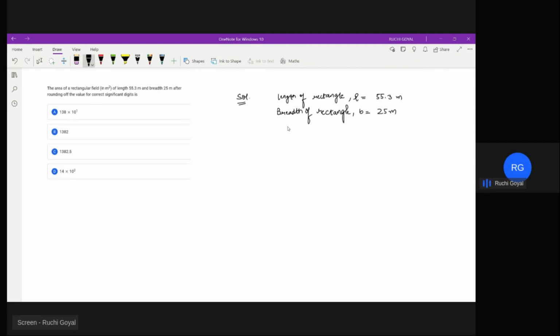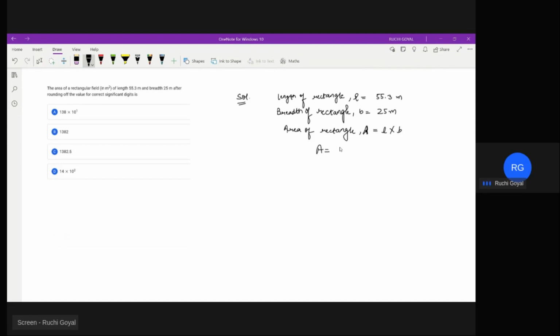What you have to calculate is the area of the rectangle. Area of rectangle A is L into B, as we all know the area of a rectangle is length into breadth.